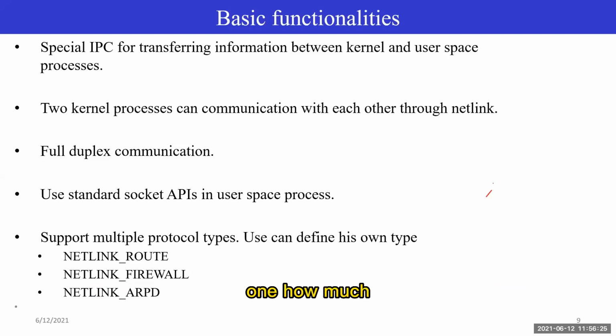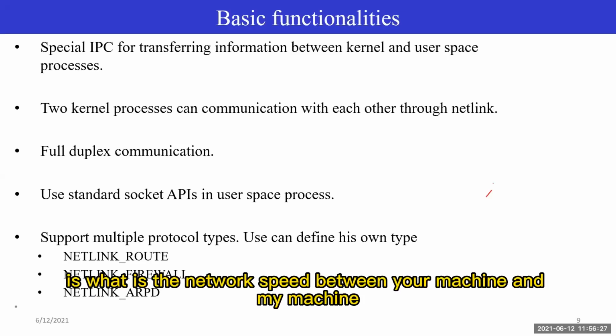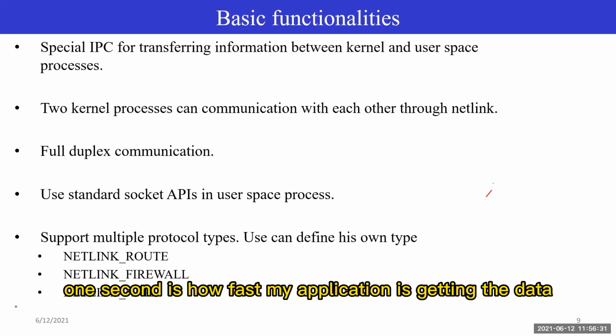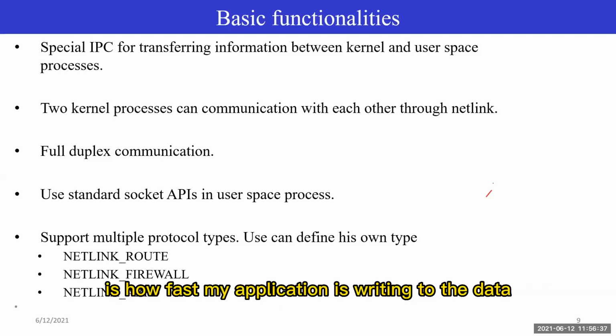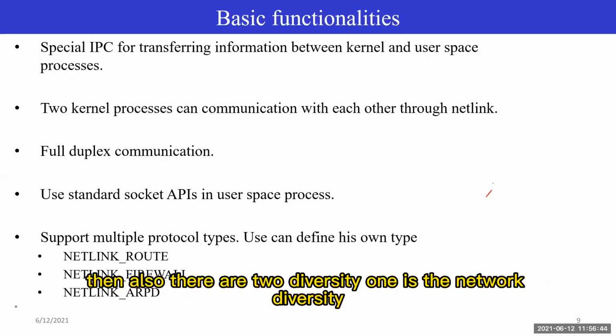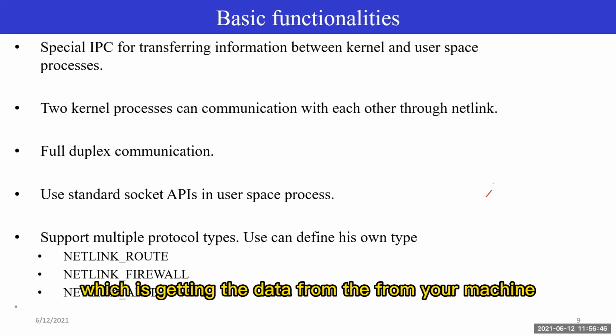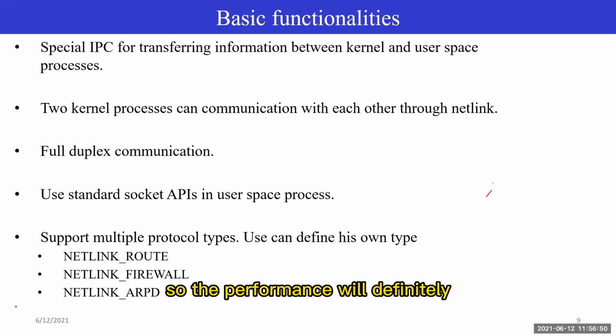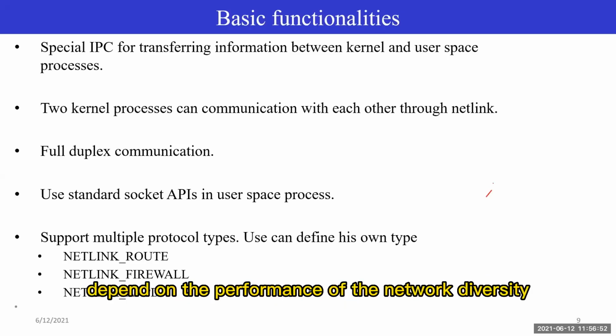One, what is the network speed between your machine and my machine? Point number one. Second is how fast my application is getting the data. Third is how fast my application is writing the data. Then also there are two device drivers. One is the network device driver, which is getting the data from your machine. So the performance will definitely depend on the performance of the network device driver.